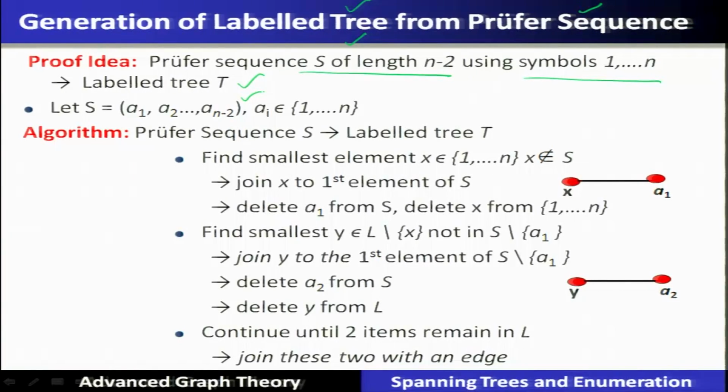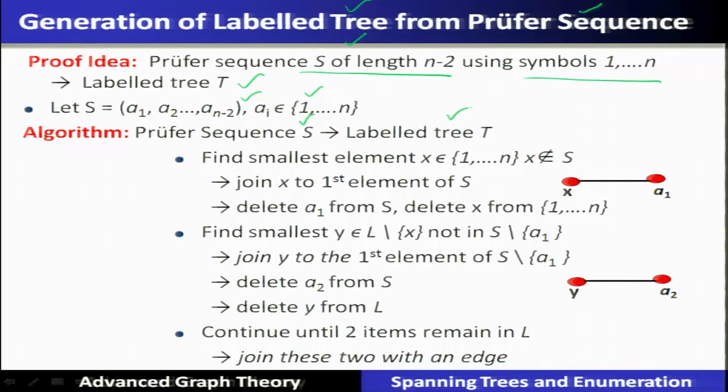Why? Because the length of the code is n minus 2, and these values of ai are drawn from 1 to n. Let us see the steps of this algorithm, that once the Prüfer sequence is given, how we are going to generate a labeled tree from a Prüfer sequence of length n minus 2, which has the symbols from 1 to n.